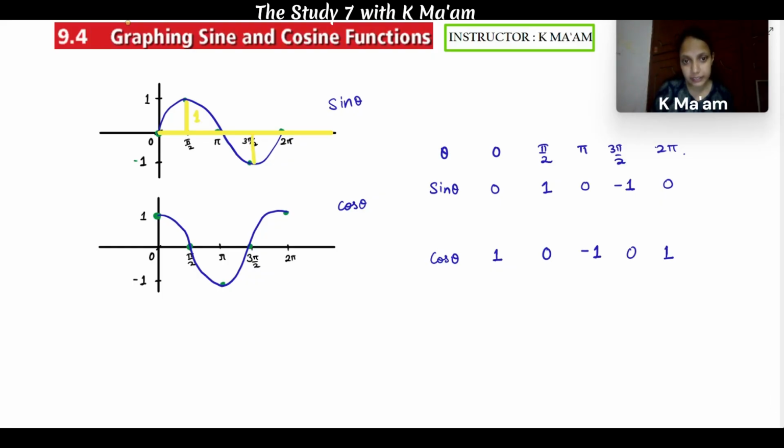You can see this is also 1. You can say it's negative 1, but if I only work with the magnitude, it's still 1. So that is known as the amplitude of the function. Here the amplitude is 1, and here the amplitude is again 1.